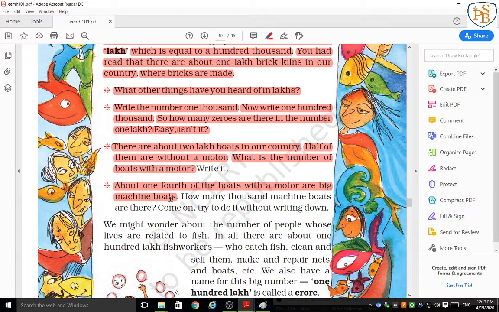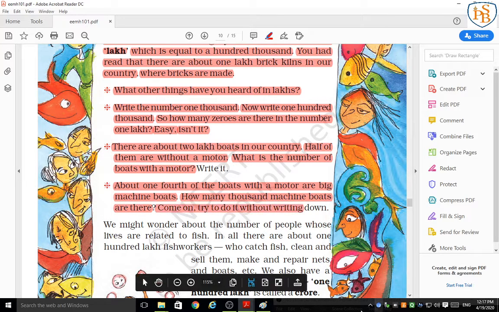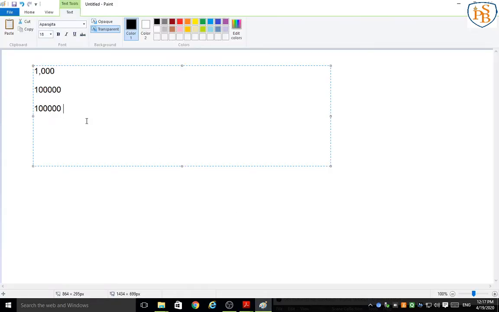Next question. About 1/4 of the boats with a motor are big machine boats. Here we will solve. Everyone open your notebook and just solve. What is the question? About 1/4 of the boats with a motor are big machine boats. Then how many thousand machine boats are there? Come on, just try to do it by writing it down. Yes, I also write with you.